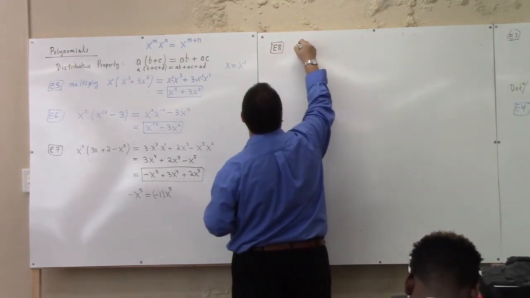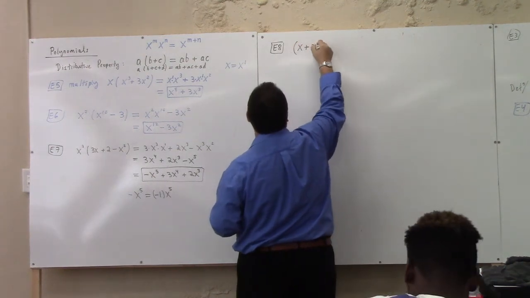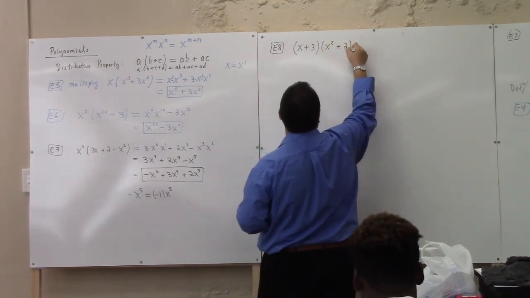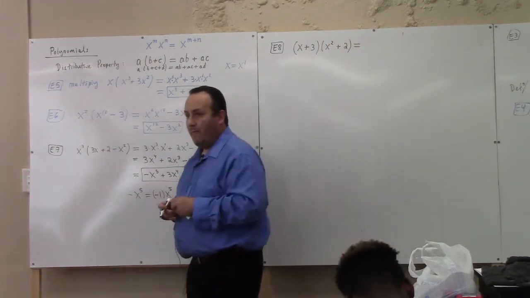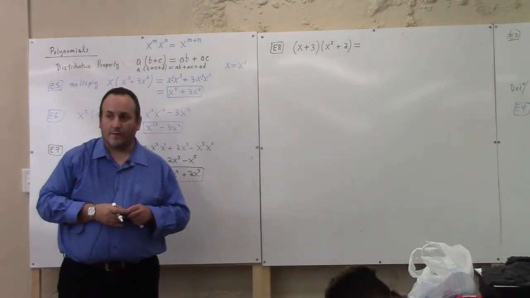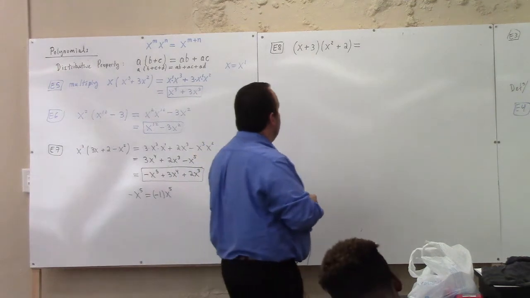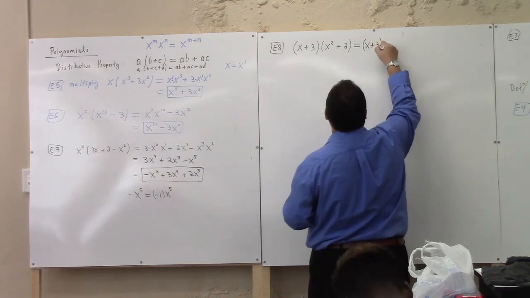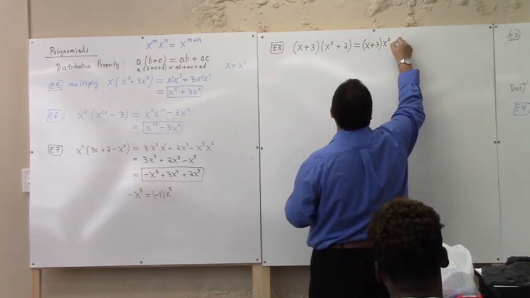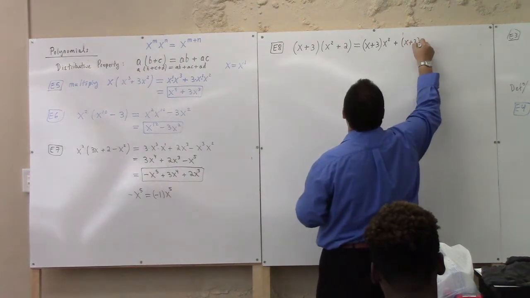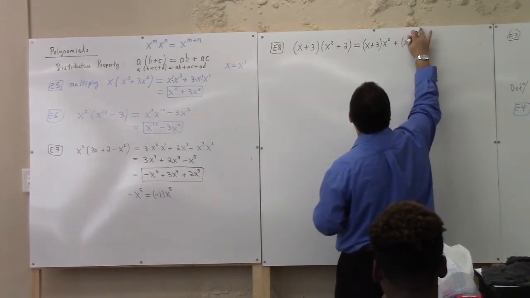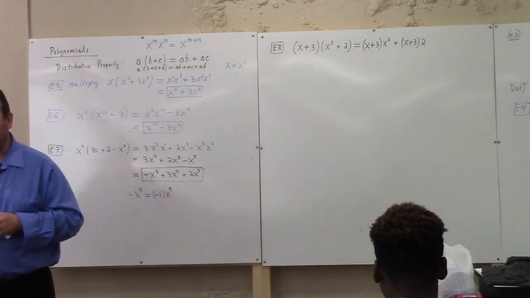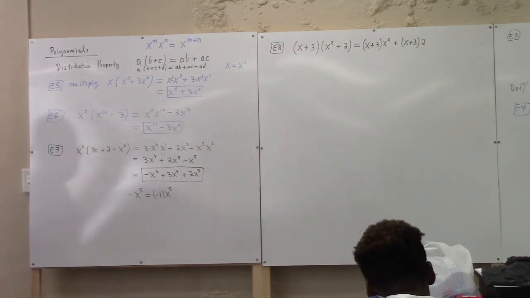What if we want to multiply something like x plus 3 times x squared plus 2? How does this work? Well, we can use the distributive property again. So this is x plus 3 times x squared plus x plus 3 times 2. All right? But we're not done, right?